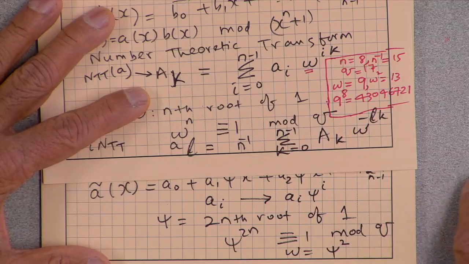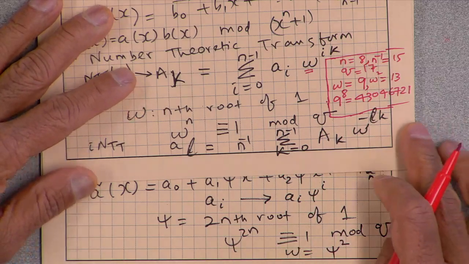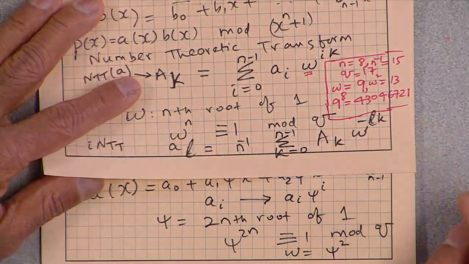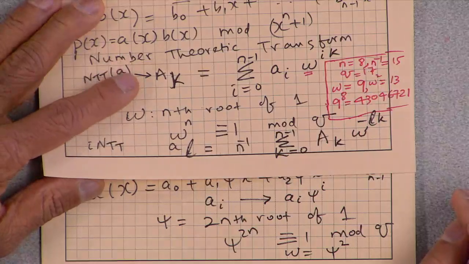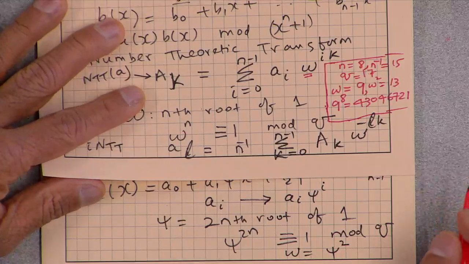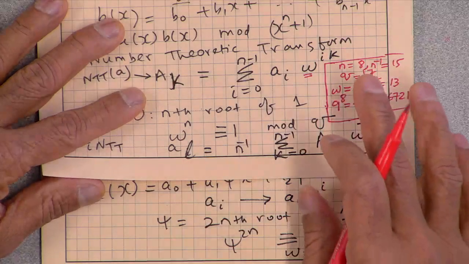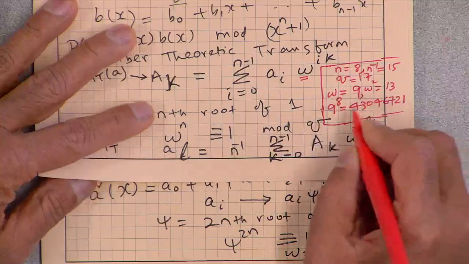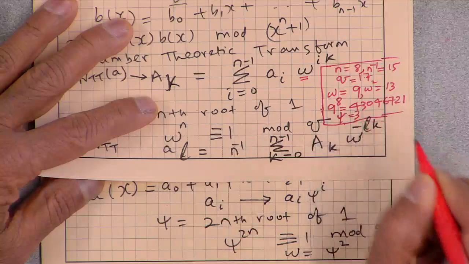So in this particular example, we already knew omega is 9, so psi will be 3.